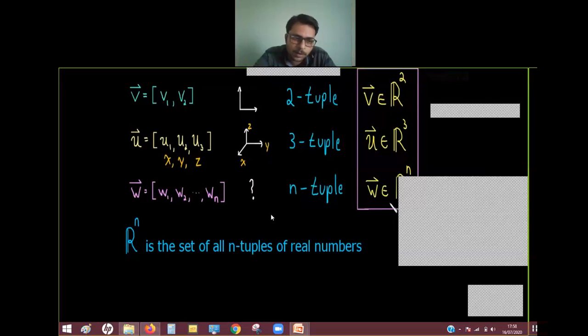That's why the statement is there: Rn is the set of all n tuples of real numbers, and this is the basic concept of Rn. Now, please tell me whether you have understood this concept of Rn.